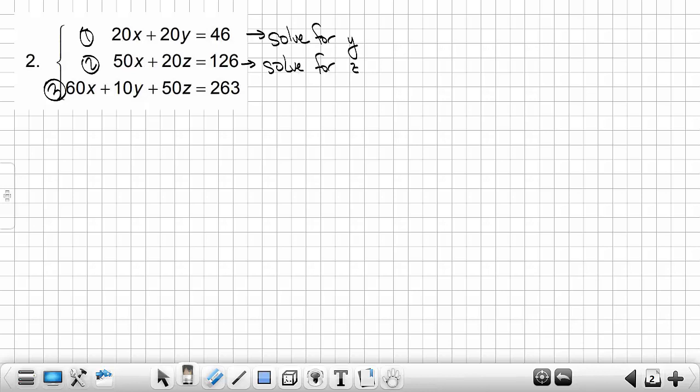And you're going to see why in just a moment. So equation 1, we have 20x plus 20y equals 46. All right, so let's solve for y. We're going to subtract 20x from both sides. And I get 20y equals 46 minus 20x.